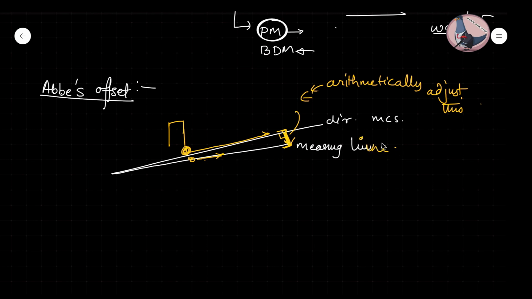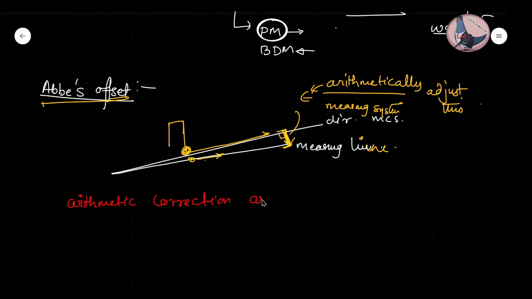This is the measuring line, and this is the direction measuring system. So the perpendicular distance between this is called as Abbe offset. This can be corrected by arithmetic corrections, which are also called CAA, and CAA stands for Computer Aided Accuracy.